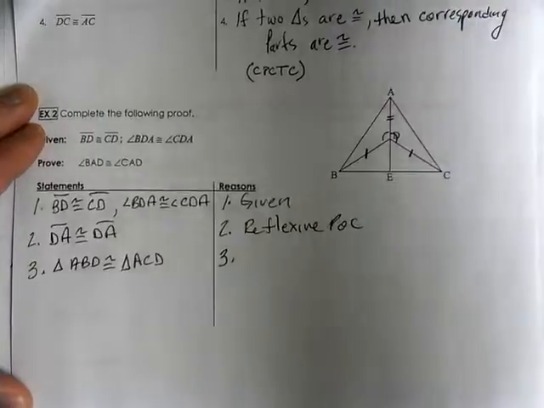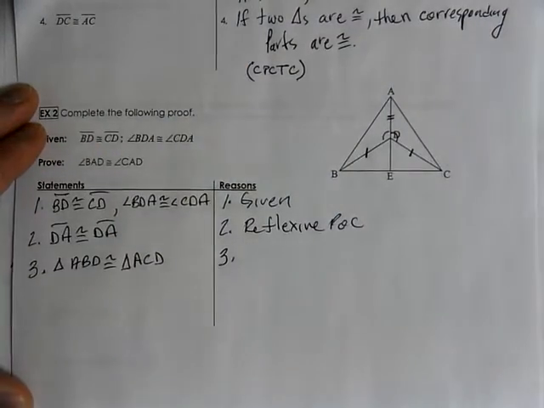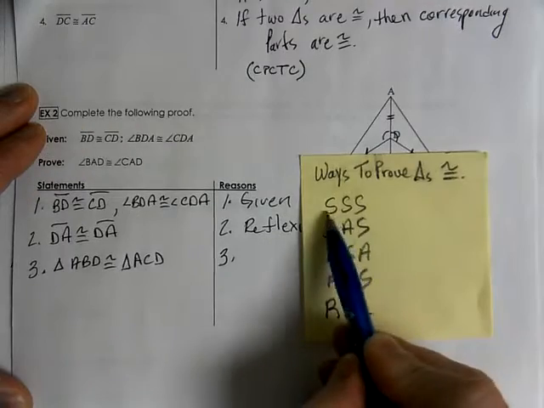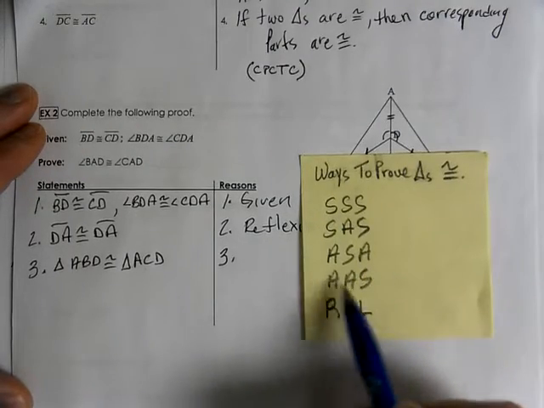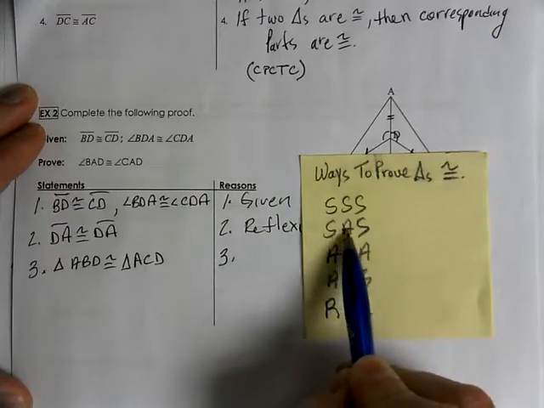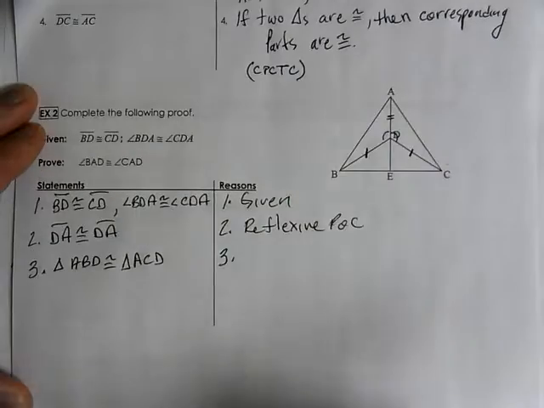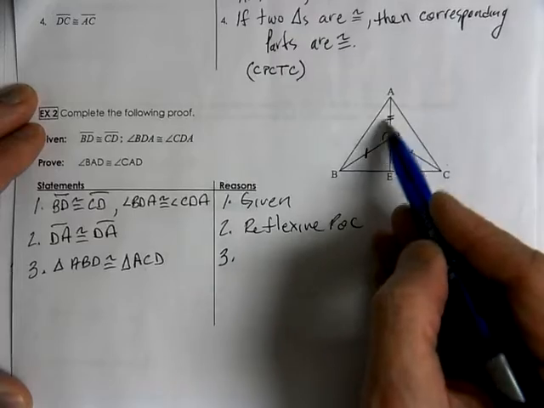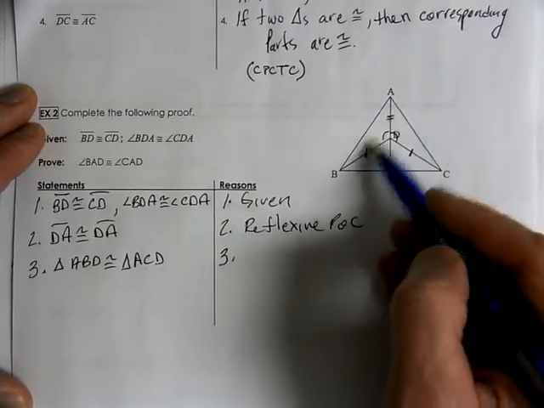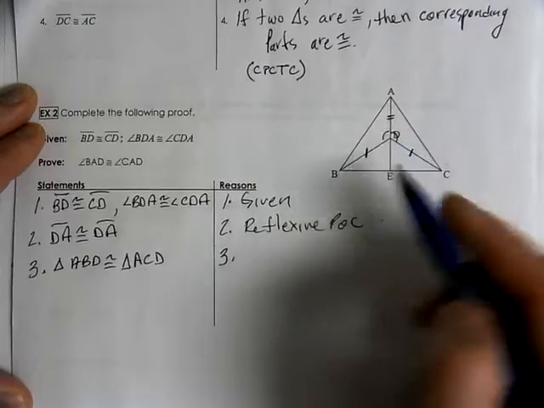And we use one of our ways to prove triangles congruent. So what we've talked about is 5 different ways to prove triangles congruent. In this case, side, angle, side, because the angle we have is in between those 2 sides. The A is in between the S's.